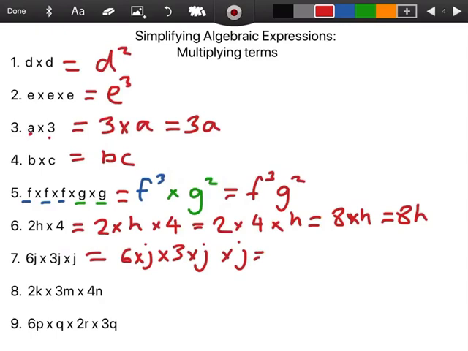If we times the numbers first, we've got 6 times 3, and then times the j's. 6 times 3 is 18. J times j times j is j cubed.